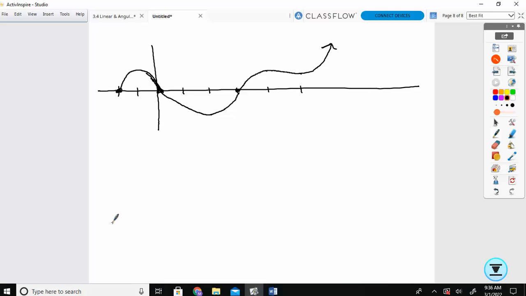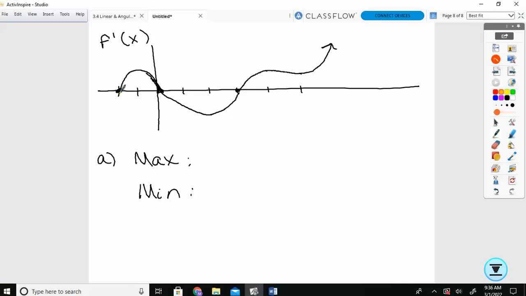Okay, here's my graph. Let's say that this is the derivative. So if that is my derivative, I want you to tell me where the original function had a max and where the original function had a min.